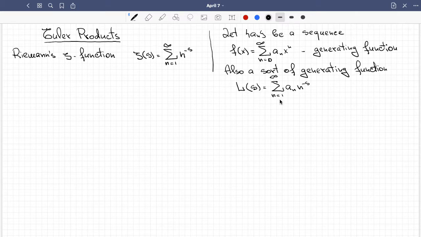I started summation with 1 because I don't want to write 0 to the negative power. And this is also called, quite frequently, an L function, or directly an L series.